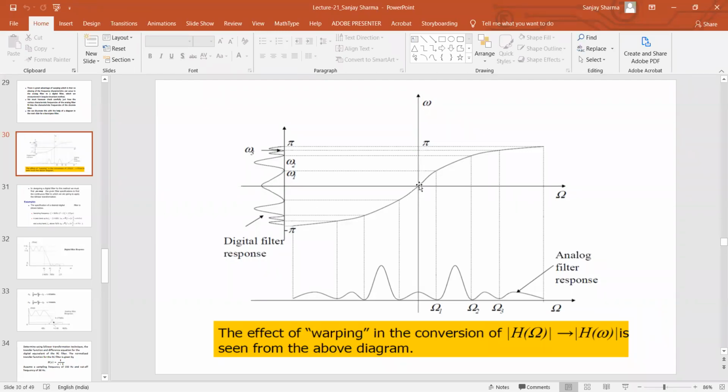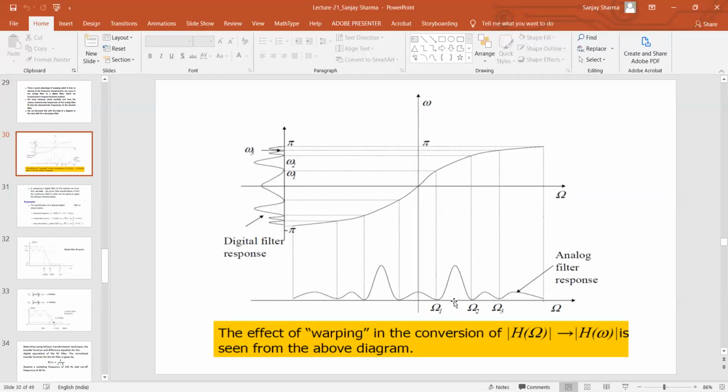In the analog filter response, on the right side of the small omega axis is the band pass characteristics of the filter, and on the left side is just the replica of the band pass characteristics on the negative side. So this is basically a band pass filter.